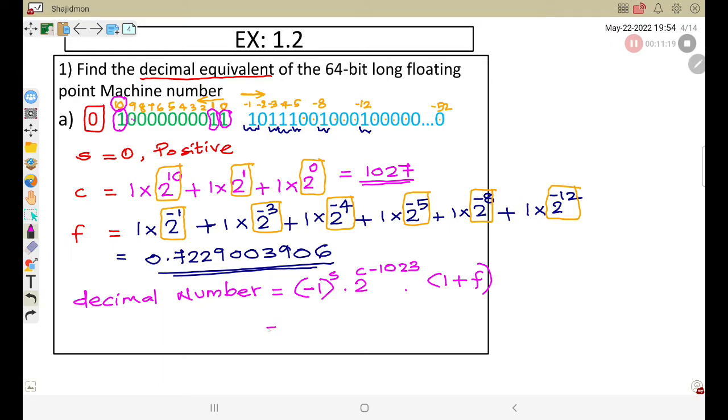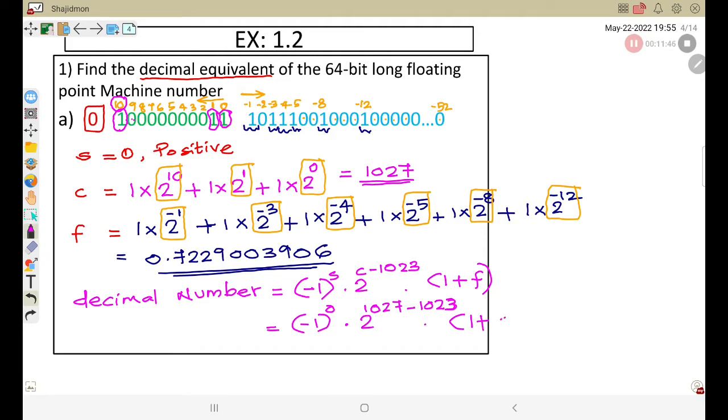So equals, okay, we can apply minus 1 power s, we have written s is 0, multiply 2 power c, the number we calculated for the characteristic part, 1027 minus 1023, okay, multiply 1 plus f number.